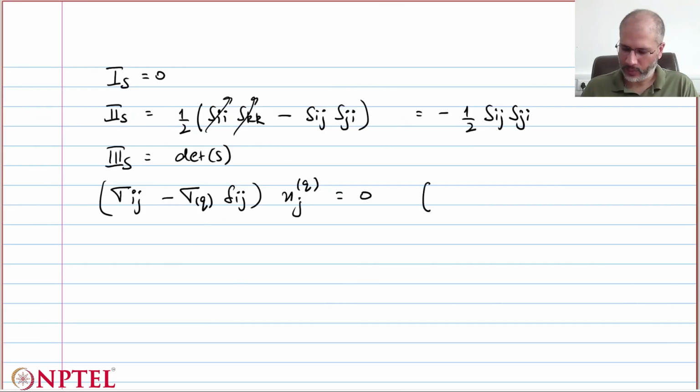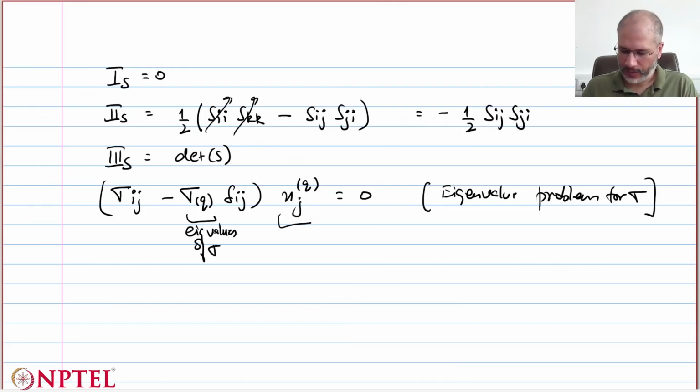So this is an eigenvalue problem for sigma. So these are eigenvalues of sigma, and these are eigendirections or eigenvectors of sigma. I can also say principal values and principal directions.